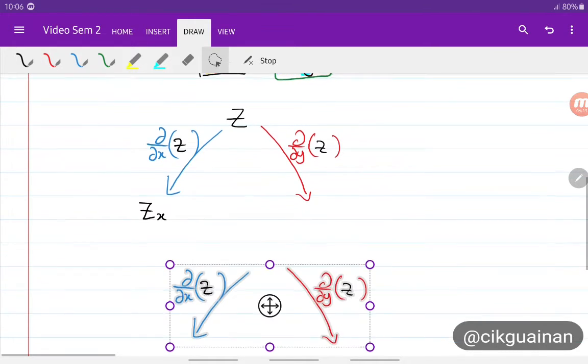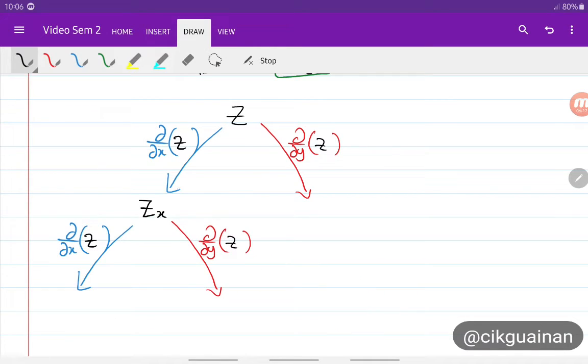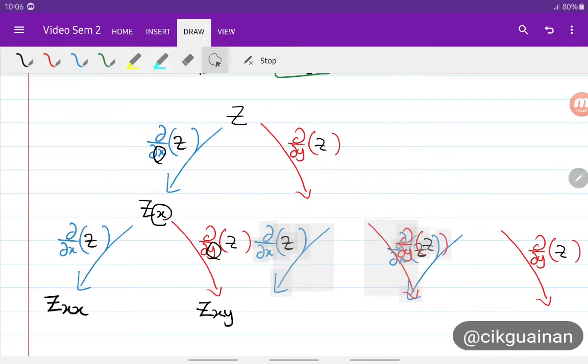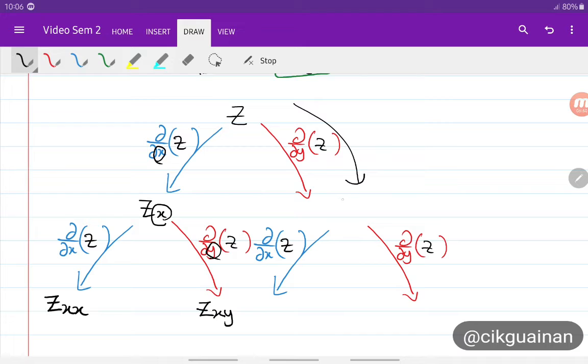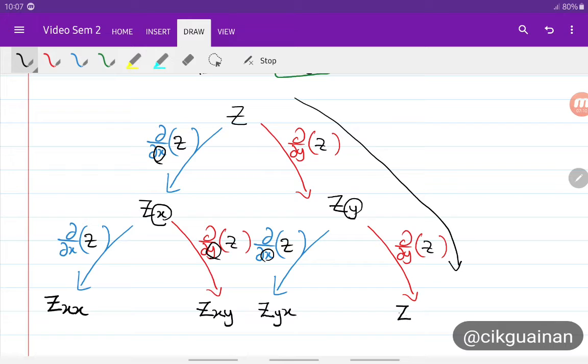We can continue further. In this direction, we get z sub xx, and in this direction, z sub xy. Then for this branch, if we go this direction, we get z sub y, and continuing further, we get z sub yx, and in this direction, z sub yy.